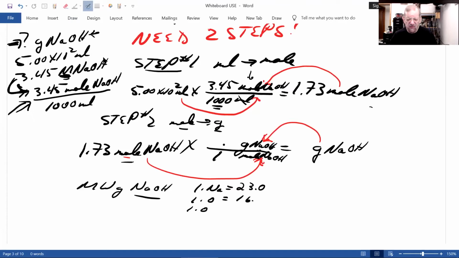This is 16.0. Dr. White knows this should be hydrogen. And this is 1.01. Add it up. 40.01. Notice this is 1 past the decimal, so round this off to 1 past the decimal. So that's 40.0. And now I'll do the math.